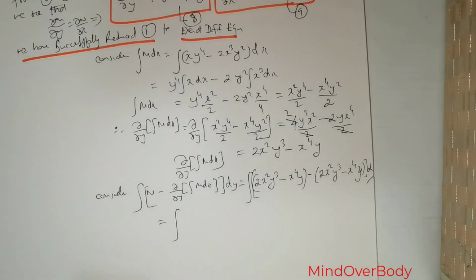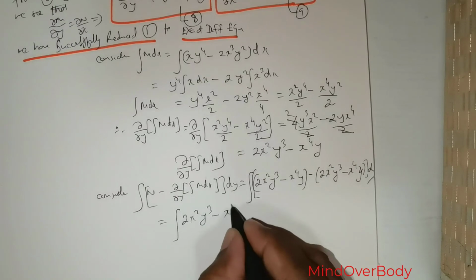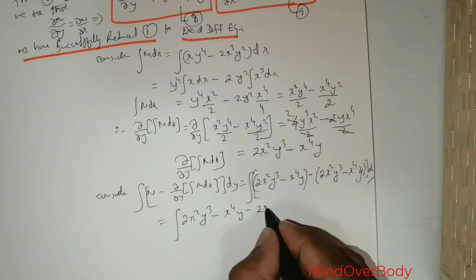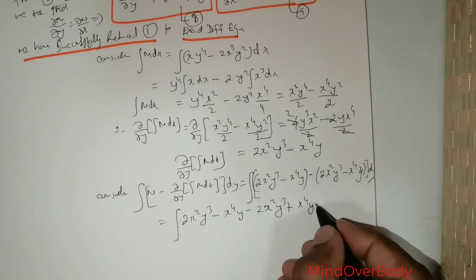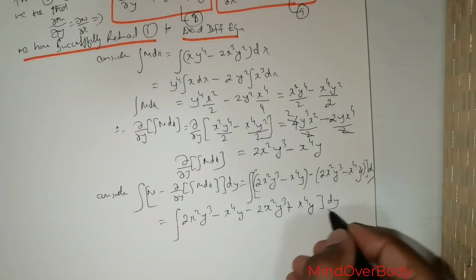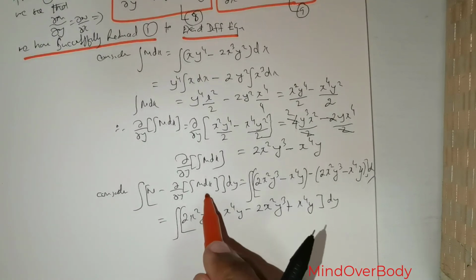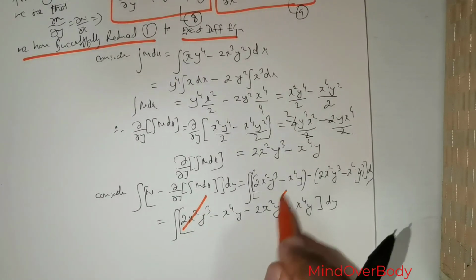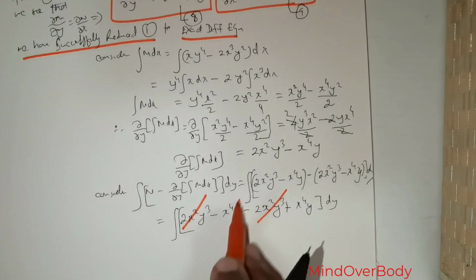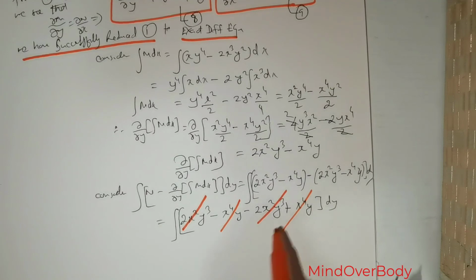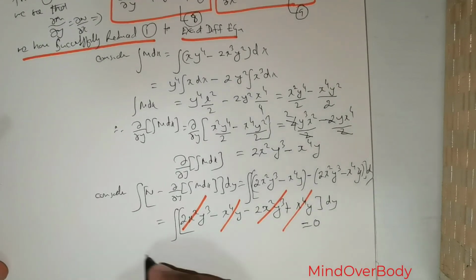So this can be rewritten as 2 times x squared y cubed negative x power 4y negative 2 times x squared y cubed positive x to the power of 4y times dy. Now 2 times x squared y cubed can be cancelled with negative 2 times x squared y cubed. X to the power of 4y with a negative sign can be cancelled with x to the power of 4y with a positive sign, giving me 0.